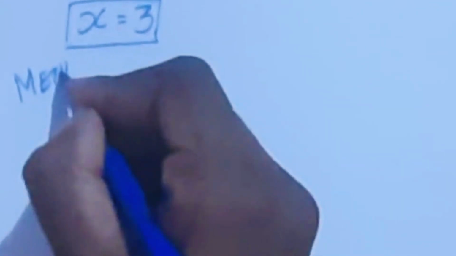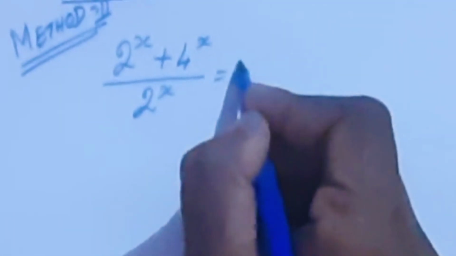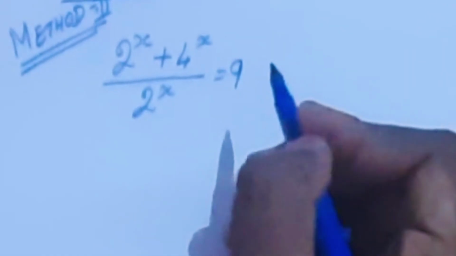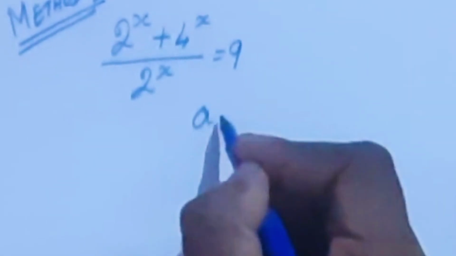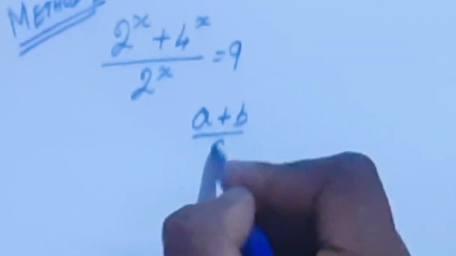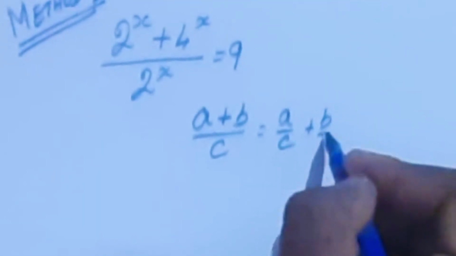Here we are going to do this in another method, method 2. Here the equation is 2 power x plus 4 power x by 2 power x equal to 9. Now in this method we are going to apply this: (a plus b) by c equal to a by c plus b by c.